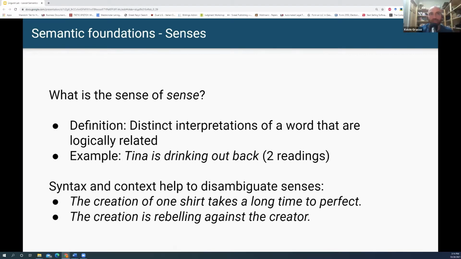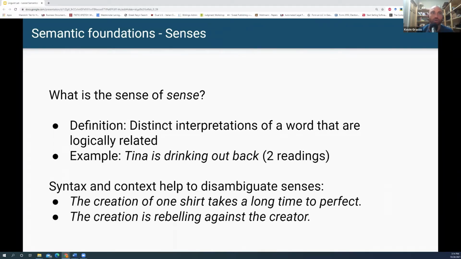So here's an example of how syntax and context can help to disambiguate senses. This is very normal, and we'll talk about this in a few minutes. Nouns that are formed from verbs often have at least two distinct senses.